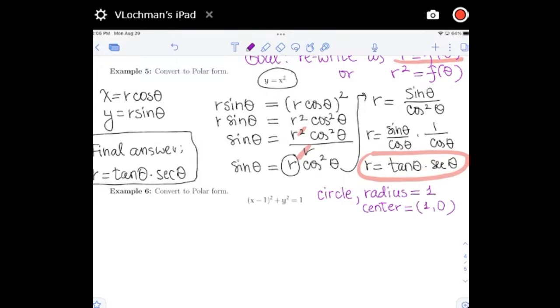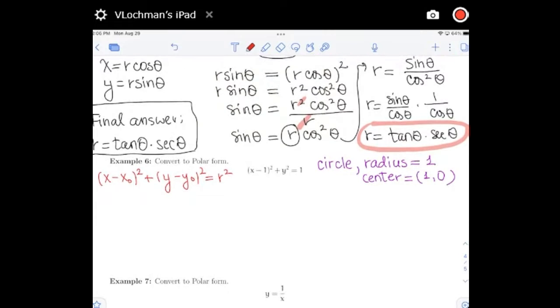Excellent. Okay, so we know exactly what that looks like. Very good. All right, so that follows that form right here, right? So I think we've discussed it last time. (x minus x null) squared plus (y minus y null) squared is equal to r squared, right? So from here, you can tell exactly what that object looks like.